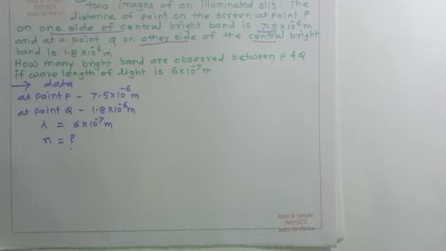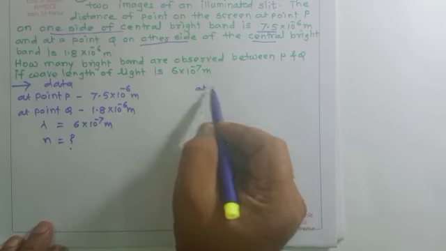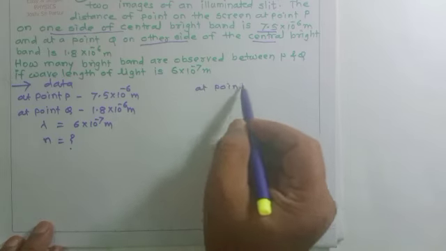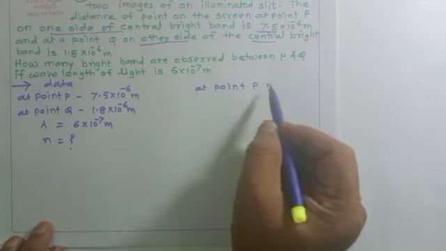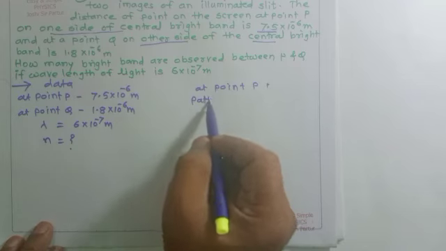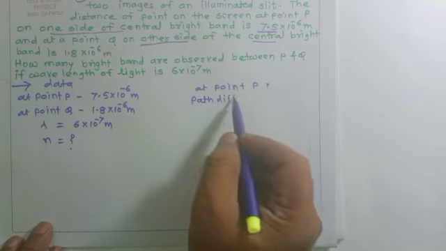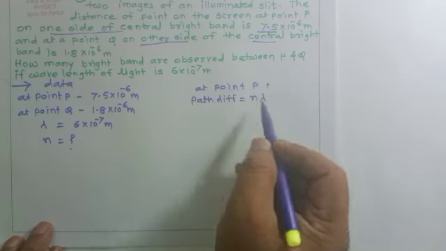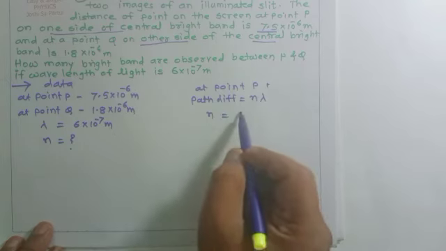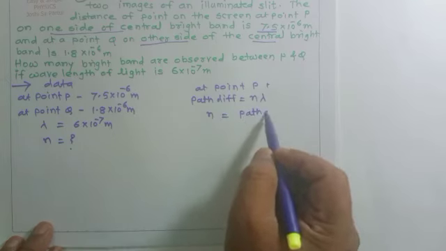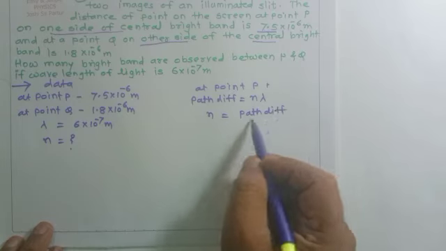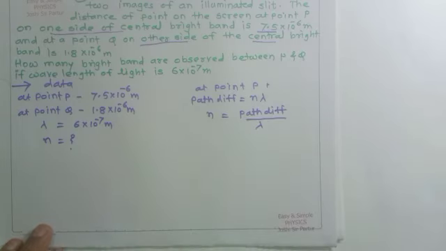See here, at point P, if the path difference is n lambda, so n is equal to path difference upon wavelength lambda.